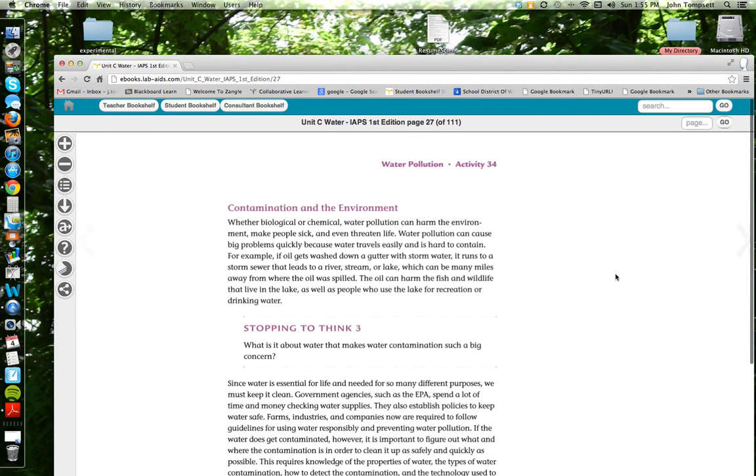Contamination and the environment. Whether biological or chemical, water pollution can harm the environment, make people sick, and even threaten life. Water pollution can cause big problems quickly because water travels easily and it's hard to contain.